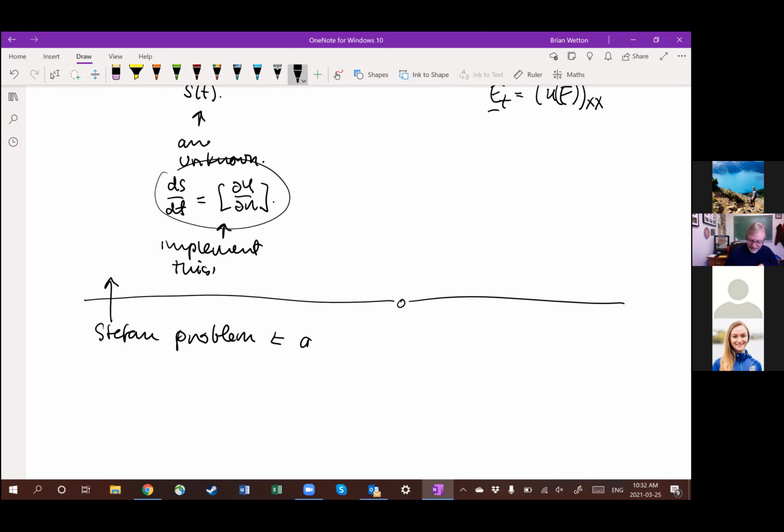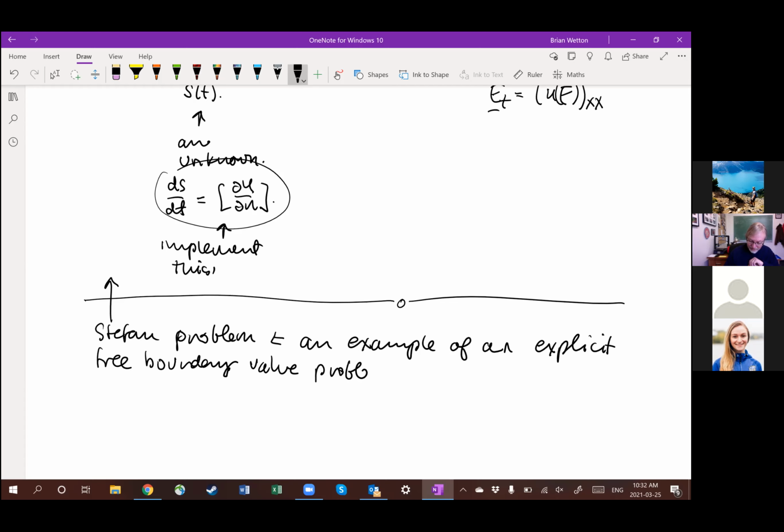This was an example of an explicit boundary value or free boundary problem, or moving boundary value problem. Why explicit? Well, because the velocity was given.